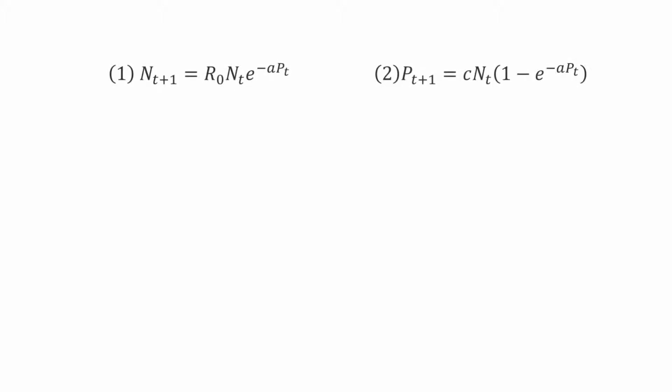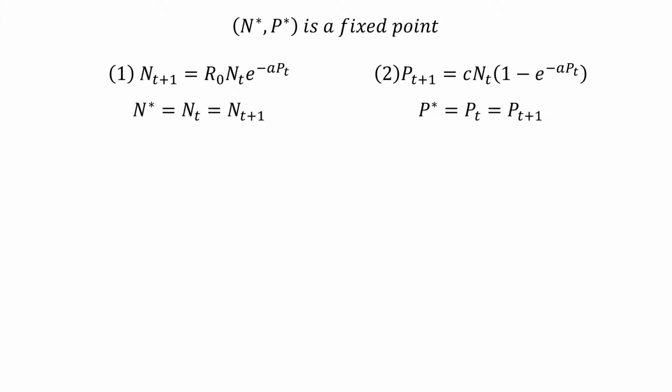We can then say that n star equals n_t equals n_{t+1}, and p star equals p_t equals p_{t+1}. So then we'll look at n star, which is equal to r0 times n star times e to the minus a p star, and p star equals c times n star, all times 1 minus e to the minus a p star.